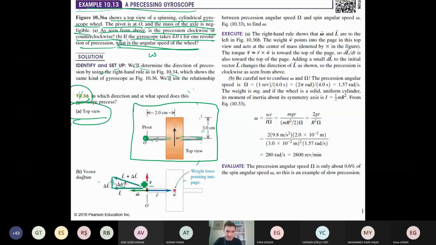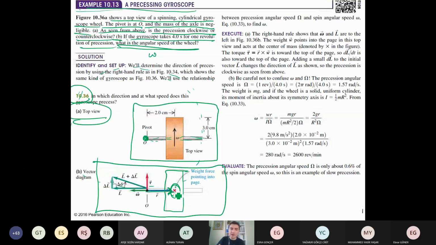So look at the vector diagram here in figure B. This is the flywheel, and this is the weight of the flywheel downward, in this picture pointing into the page, and this is the distance of the force applied by the weight to the pivot.